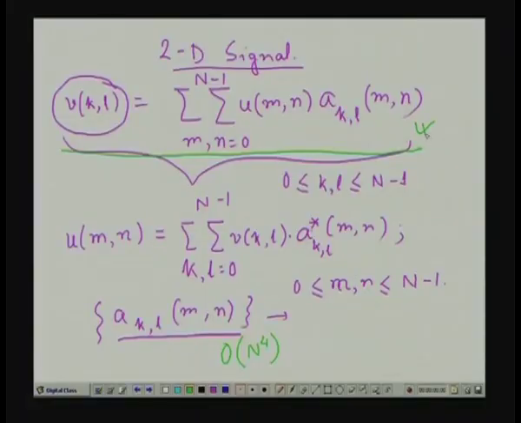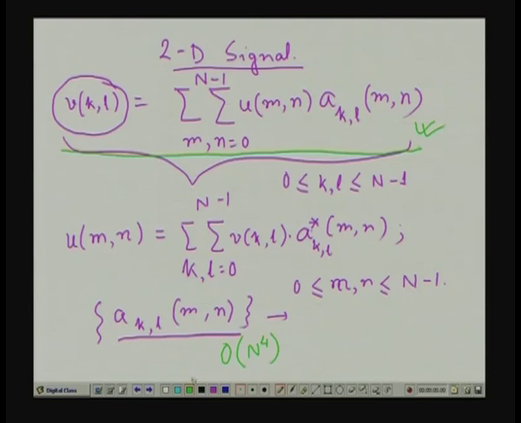So, if the computational complexity is of the order of capital N to the power 4, where the image is of size N by N, you find the tremendous amount of computation that has to be performed for doing the image transformations using this simple relation. So, what is the way out? We have to think how we can reduce the computational complexity.